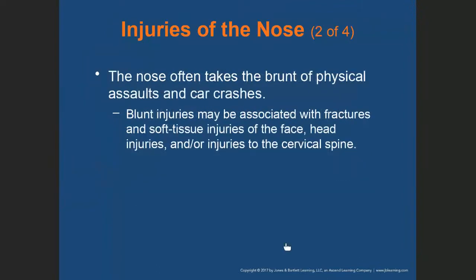The nose often takes the brunt of physical assaults and car crashes. Blunt injuries may be associated with fractures and soft tissue injuries of the face, head, neck, and spine.